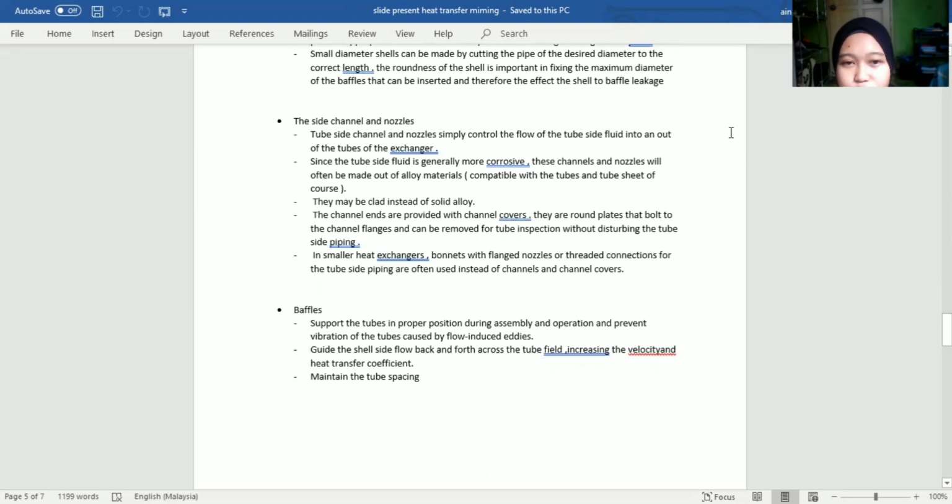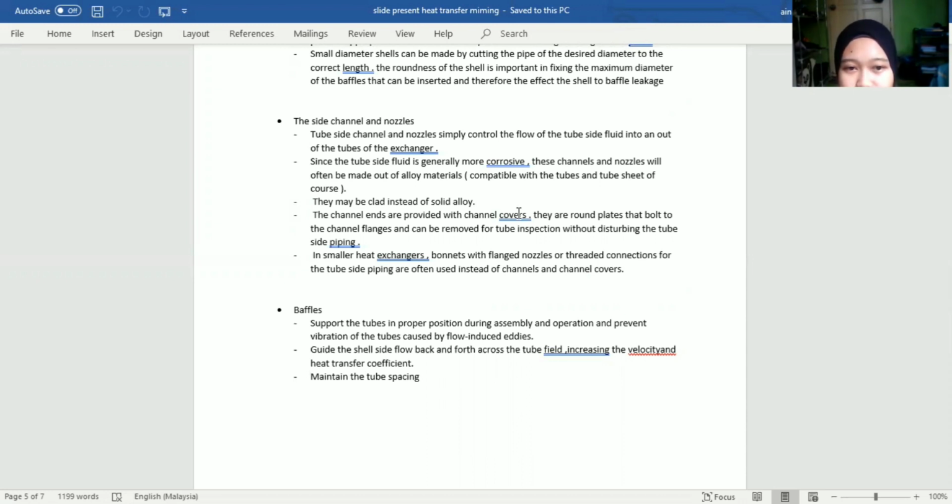Next, the tube side channel and nozzle. Tube side channels and nozzles simply control the flow of the tube side fluid into and out of the tubes of the exchanger. Since the tube side fluid is generally more corrosive, the channels and nozzles will often be made of alloy metals compatible with the tube and tube sheet, of course.